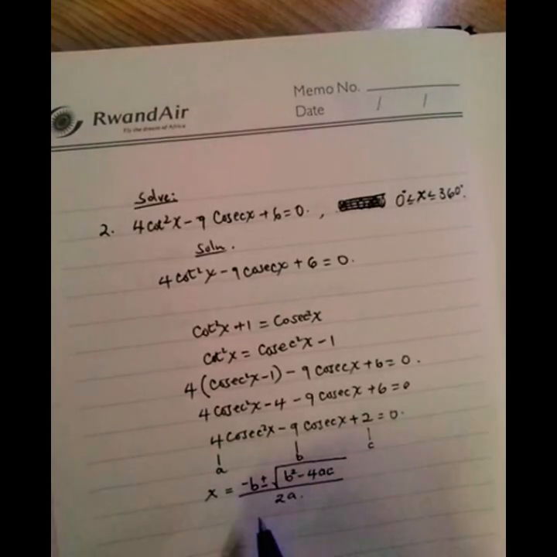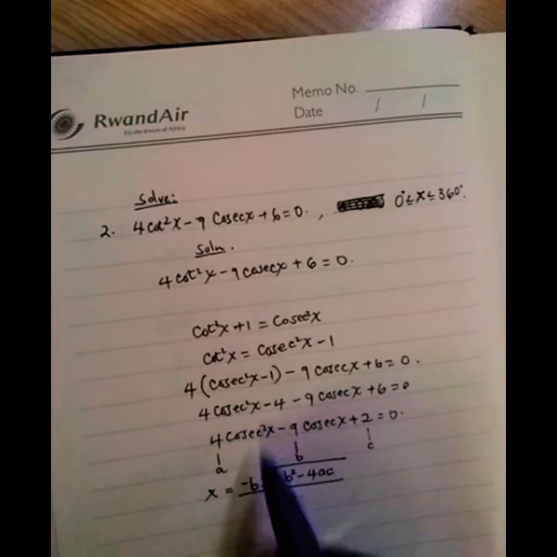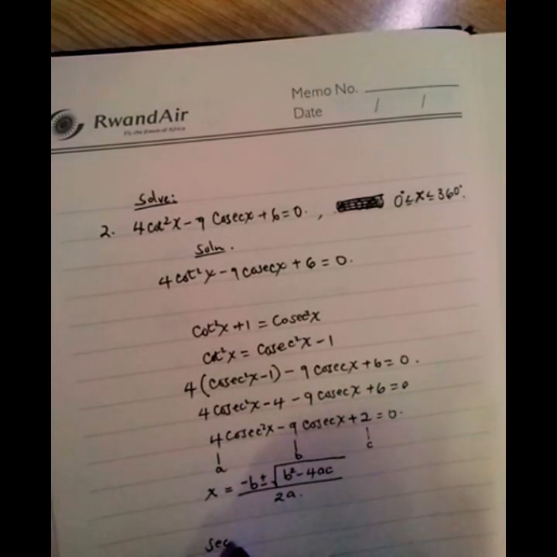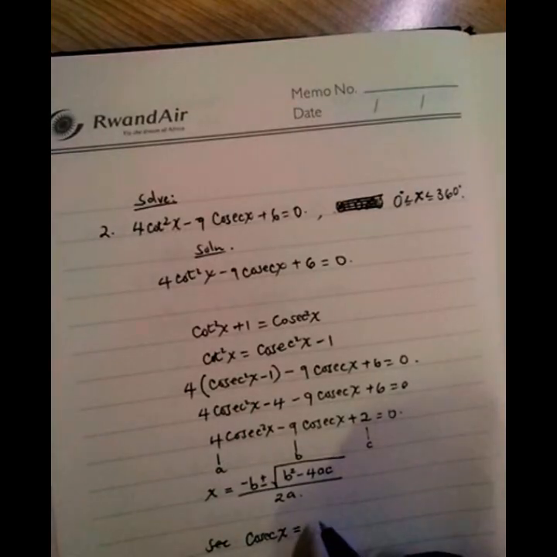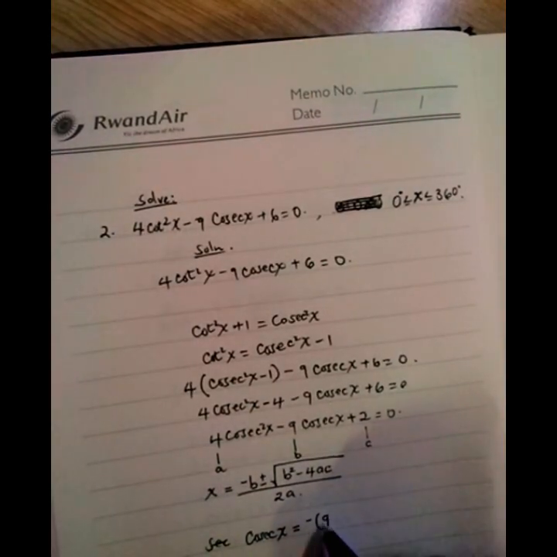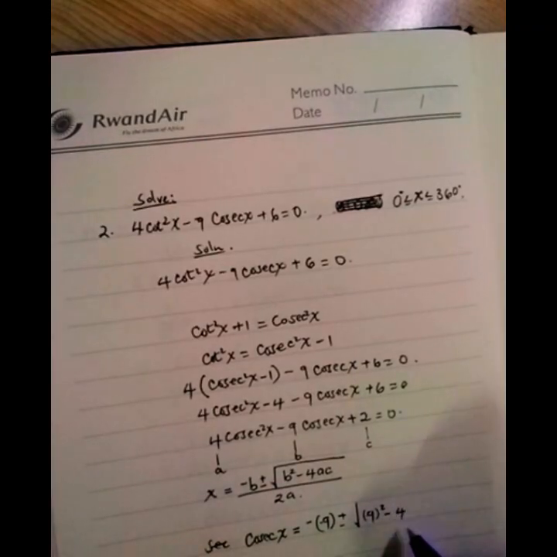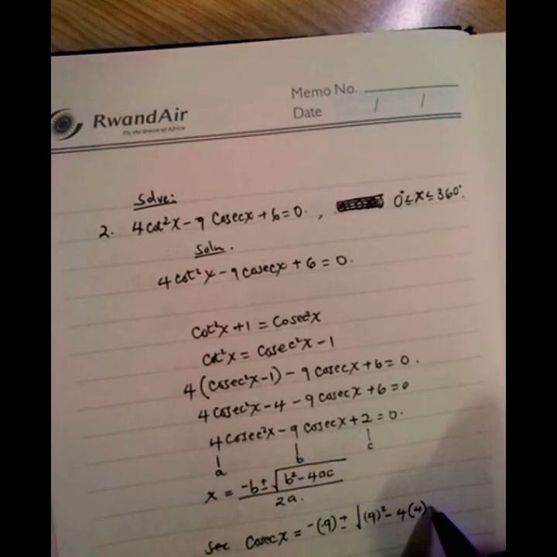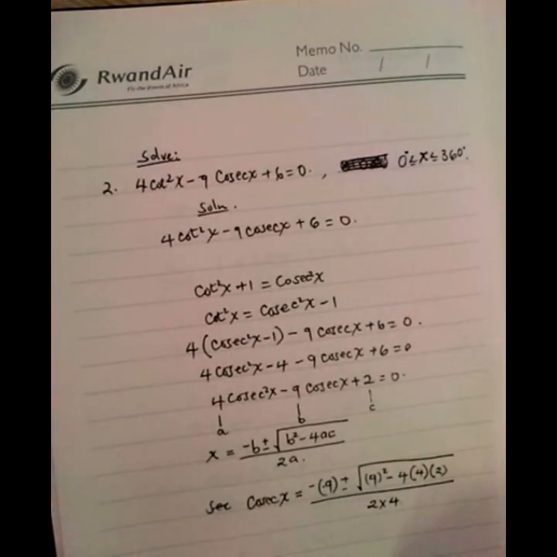So in our equation here we have x as cosec, so we shall say cosec x equals negative 9 plus or minus the root of negative 9 squared minus 4 times 4 times 2, all divided by 2 times the value of a, which is 4.